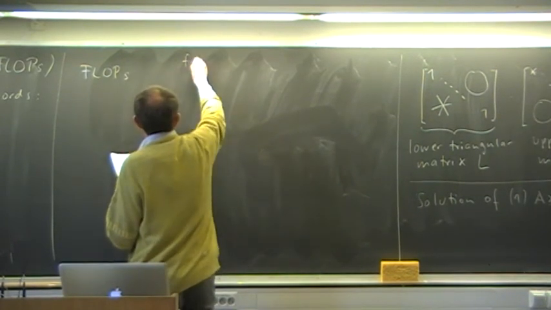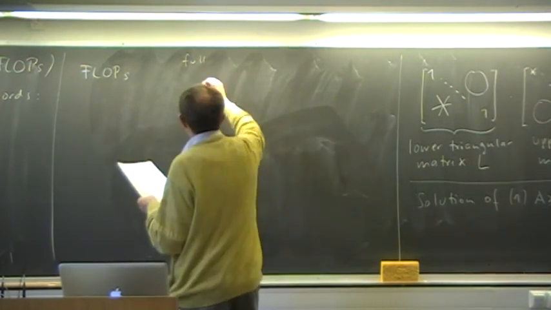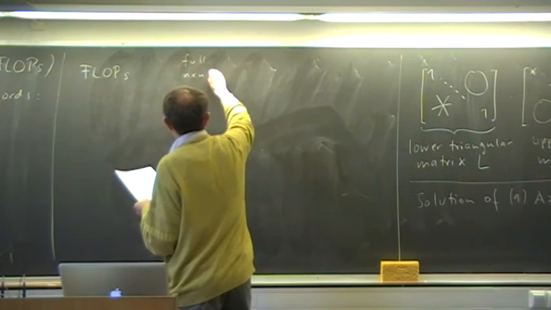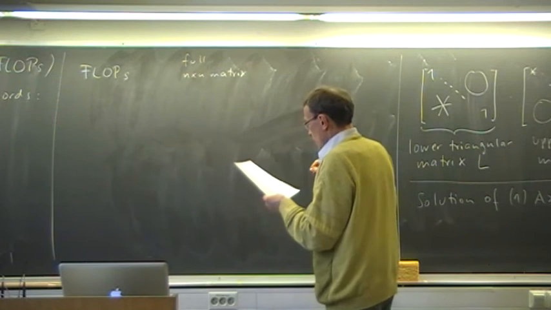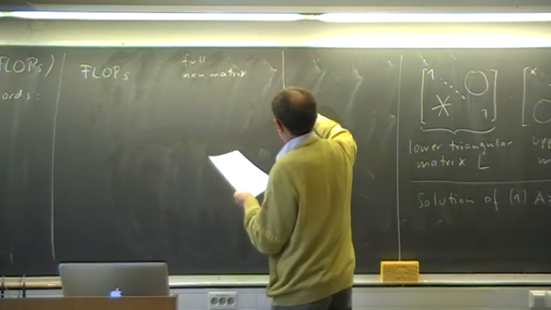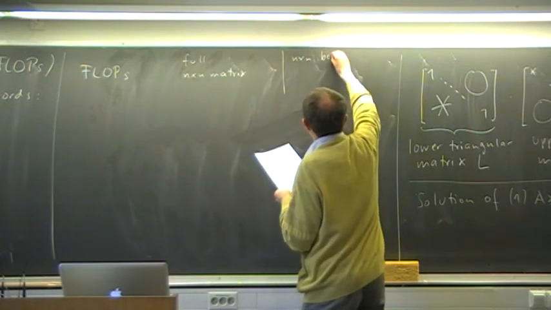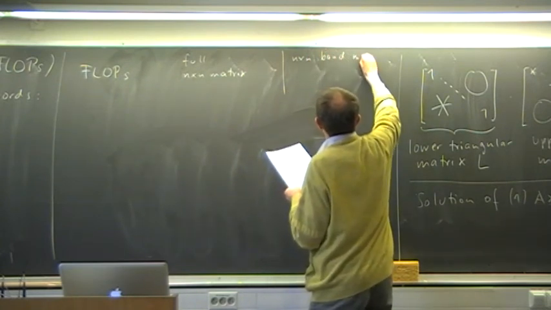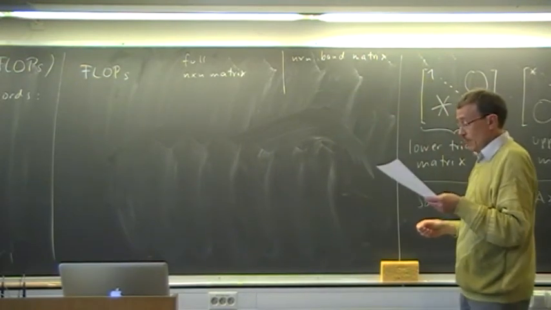We look now at two different types of matrices. We look at a full n by n matrix, and we look at an n by n band matrix. So the tridiagonal matrix is an example.